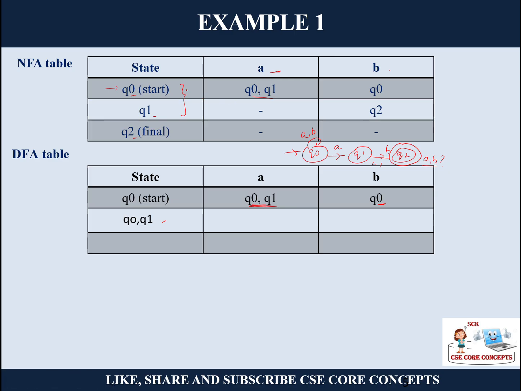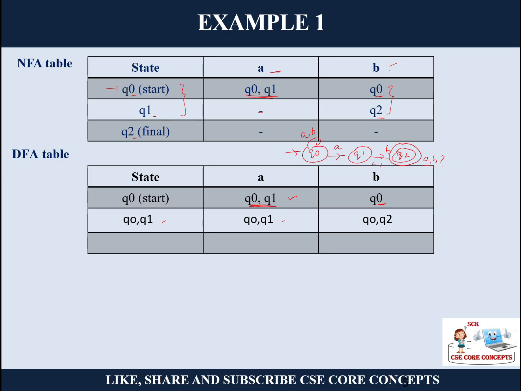You are heading to Q0, Q1, but the other is null, so you only write down Q0, Q1. Similarly, with input B for these two states, you are heading to Q0 and Q2, giving rise to a new state, Q0, Q2.